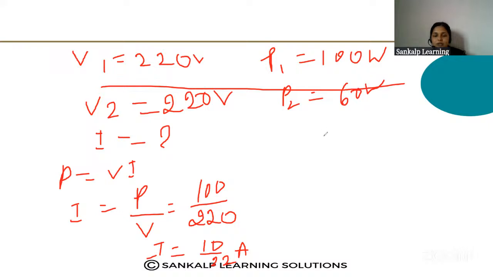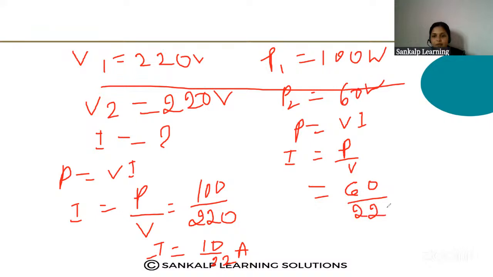In the other case, P is equal to V into I, again I is equal to P by V. The value of P is 60 divided by 220, so I is equal to 6 by 22 ampere.